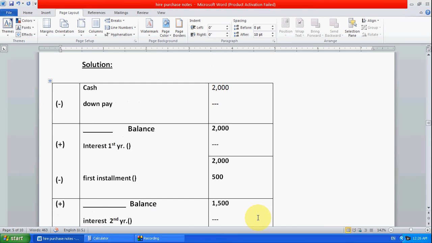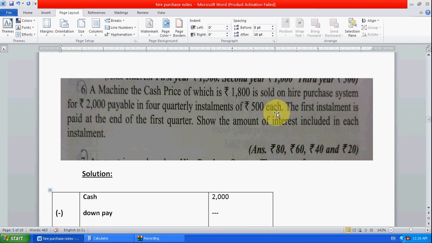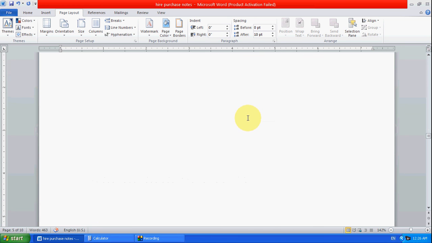The price is 2000 and the cash price is given as 1800 only, meaning we have paid 200 extra as interest.